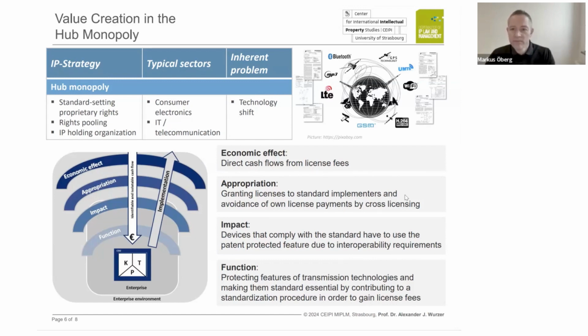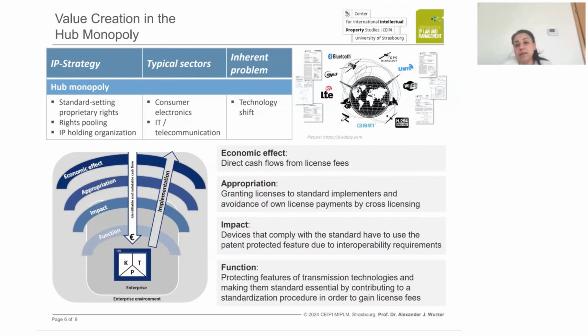Yes. And the returns are appropriated by owning and licensing standard essential patents. Companies that own standard essential patents can generate value by licensing them to competitors, in terms of interoperability, and owning essential patents also allows the company to control the market.